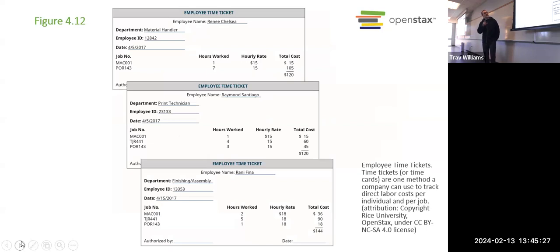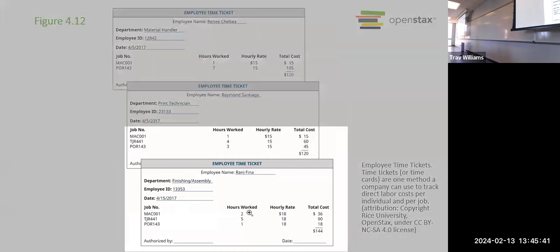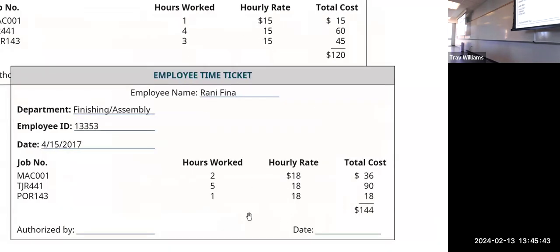Here we can see the individual employees' time tickets where they keep track of the work that they've done. So I'll zoom in to make it a little easier to see. I'll just pick this one here. All right, so if we look at Ronnie or Rainey's time ticket, we see that on this date, they worked on 3 different jobs.